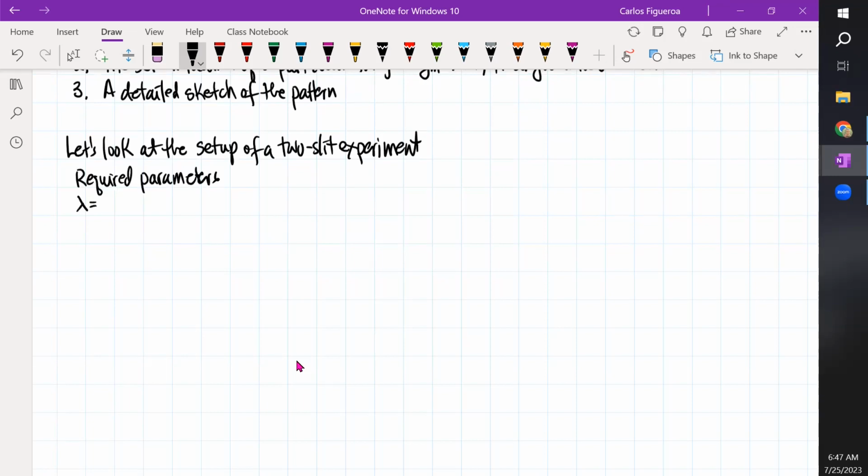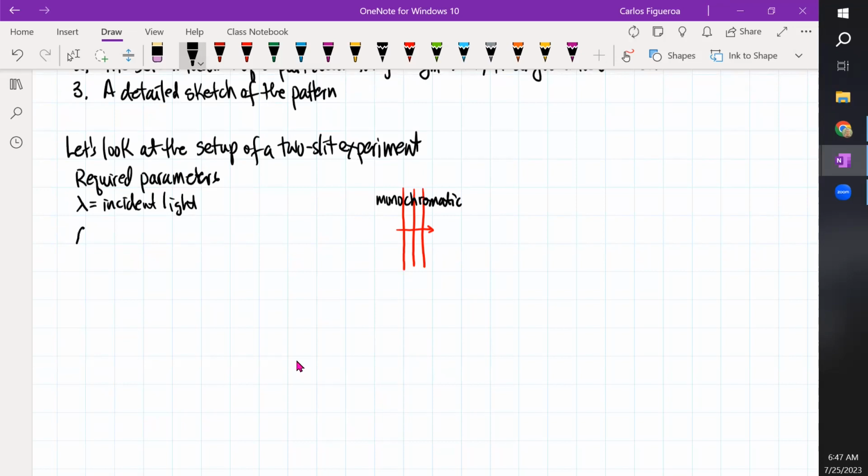One, we need incident light, right? So this is going to be the incident light. We're going to send in light. And all we know is that this has to be monochromatic, because when they come out of the slits, it's going to be coherent.